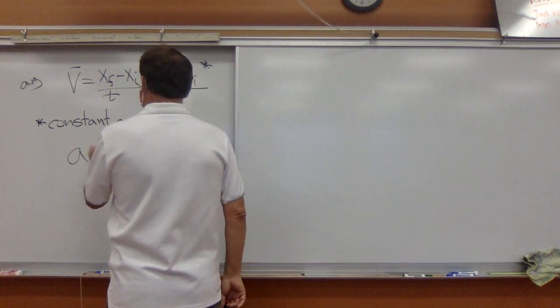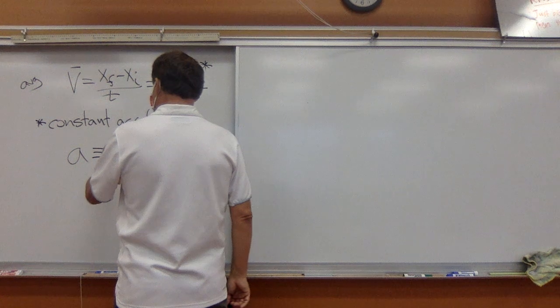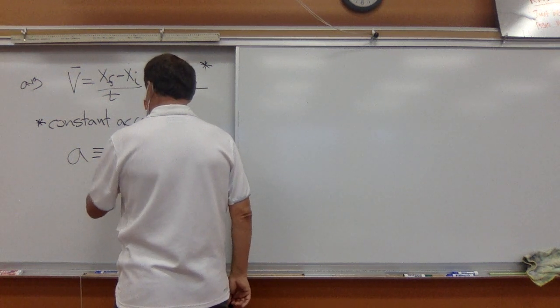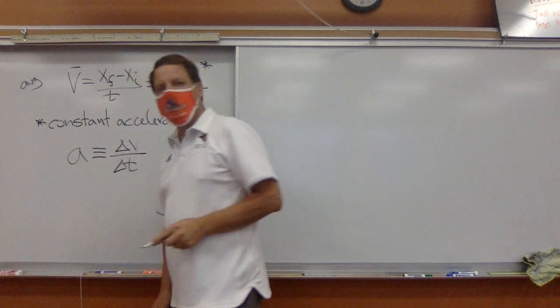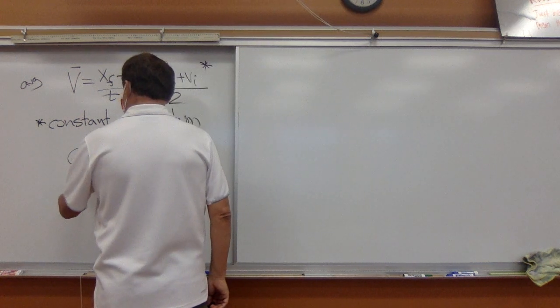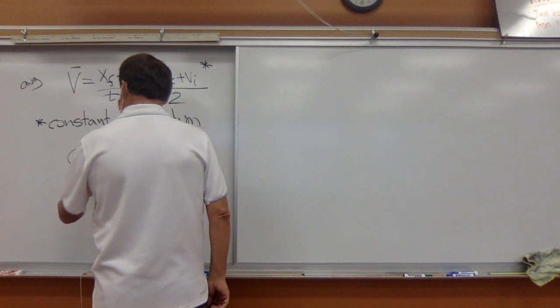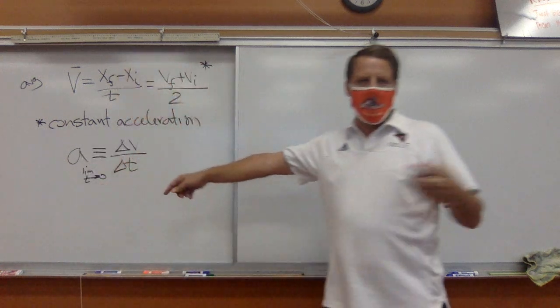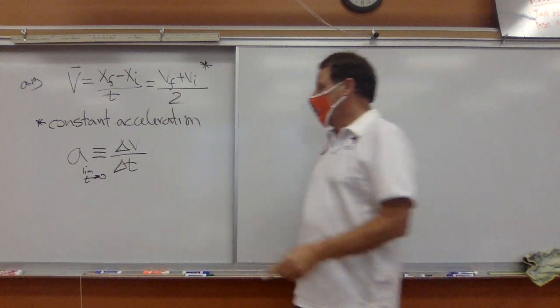And that is going to be the change in velocity over the change in time, as the limit as t approaches 0. That sort of thing you're used to from a calculus point of view.